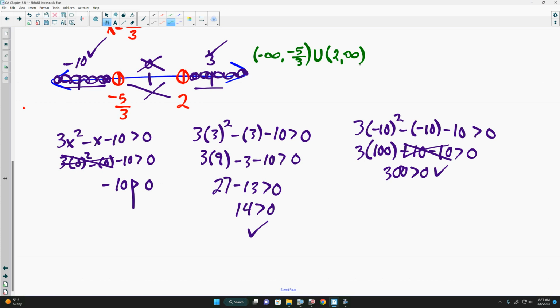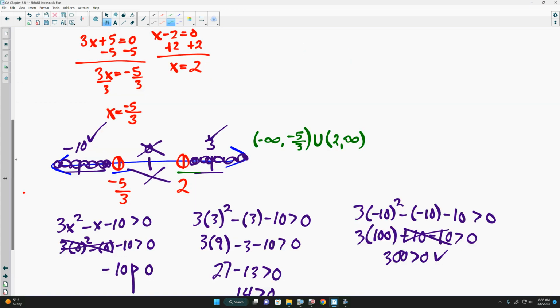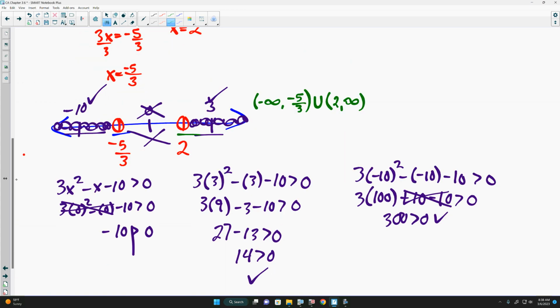Now the infinity and negative infinity will always have parentheses, but because this is just greater than, it's not equal to, we have parentheses there. That's also why both of these circles are open. But that's it. Questions on any of this here? Be ready for the next one.